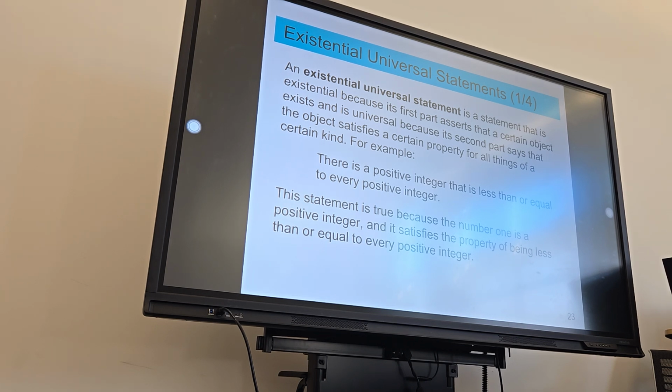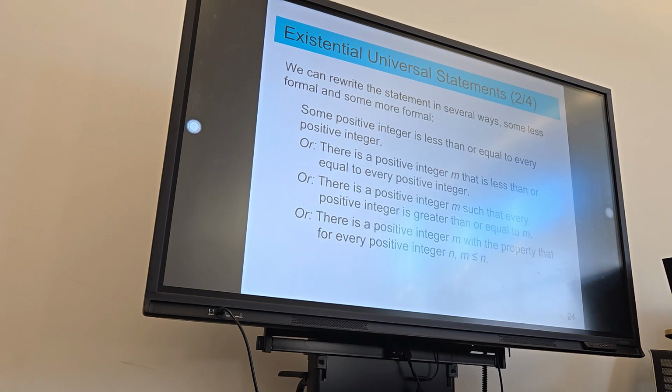So there exists, and then the universal statement. You can rewrite the statement in several ways, some less formal, some more formal. Again, you have the ambiguity and the versatility of the English language here.